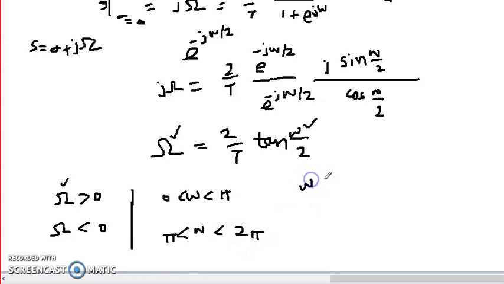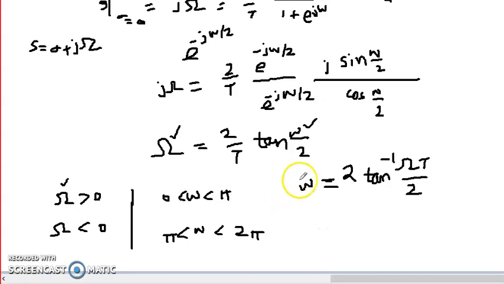So the omega can be written as 2 tan inverse of omega T by 2. So basically it explains why this is a non-linear transformation.